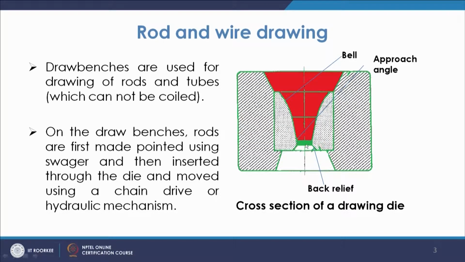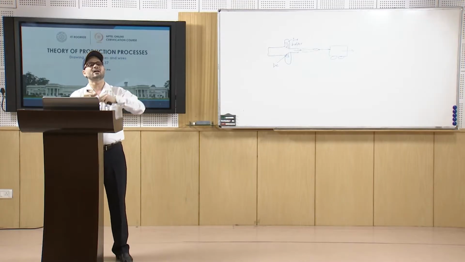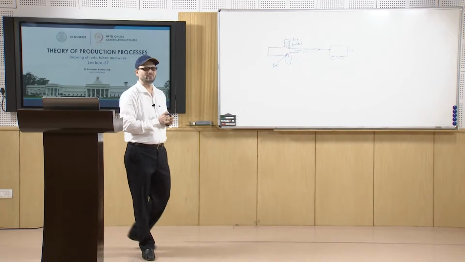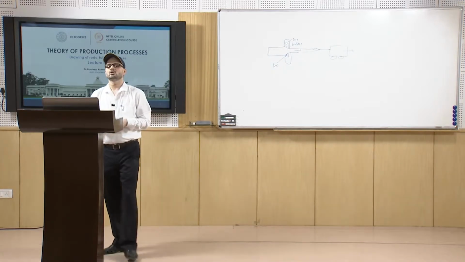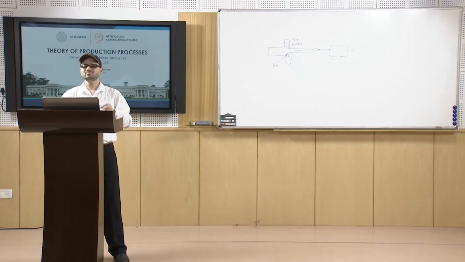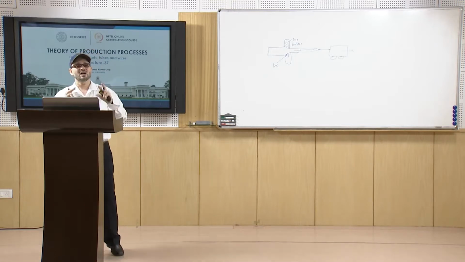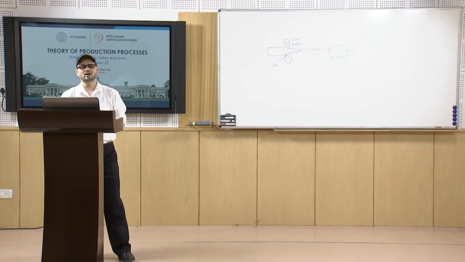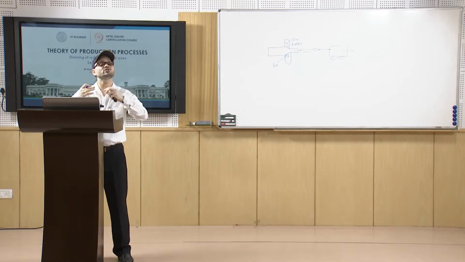So, that allows it to expand slightly when the wire is leaving the die. Many a time you have the chance to get stuck, or you may have interference. So, it will minimize the possibility of abrasion which may take place if the drawing process is stopped.